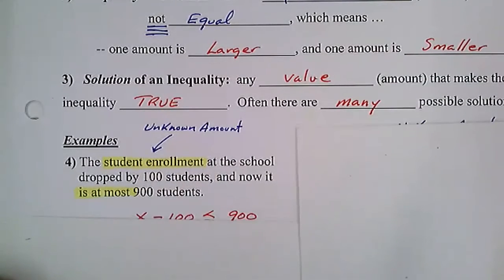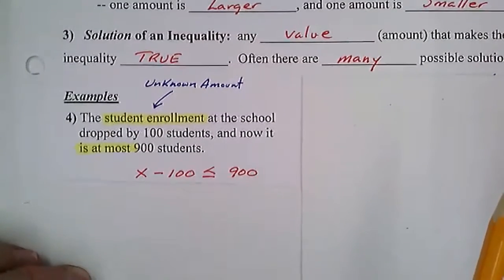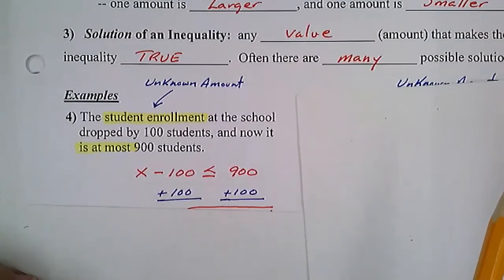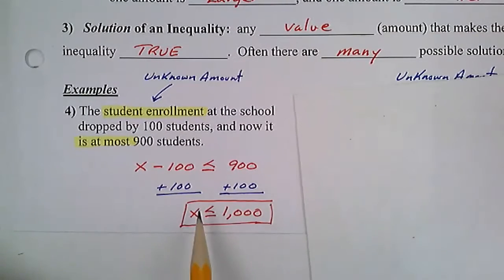So our student enrollment is our unknown amount. It dropped by 100 students, and at most means less than or equal to 900. Now, when we go ahead and solve this, I'm going to add 100 to both sides, and I get x, so our unknown amount is less than or equal to 1,000.